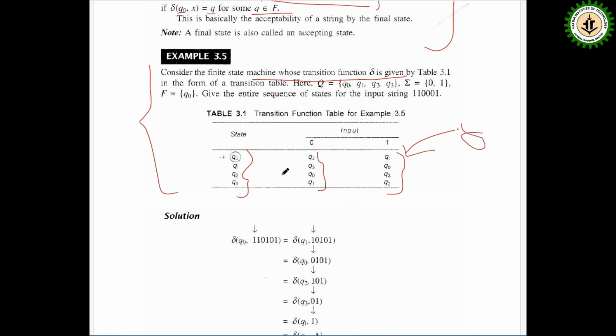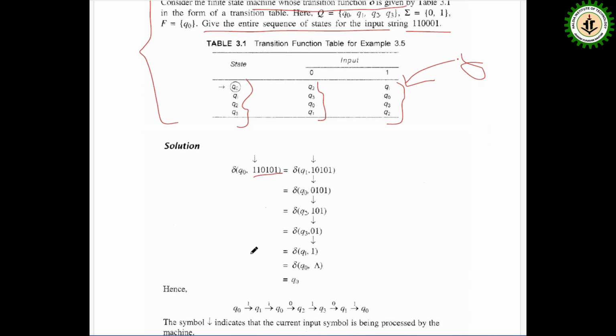Now we have to give the entire sequence of states for the given string 110101. So what is the solution? The transition system will go through the states, and the initial state is Q0.